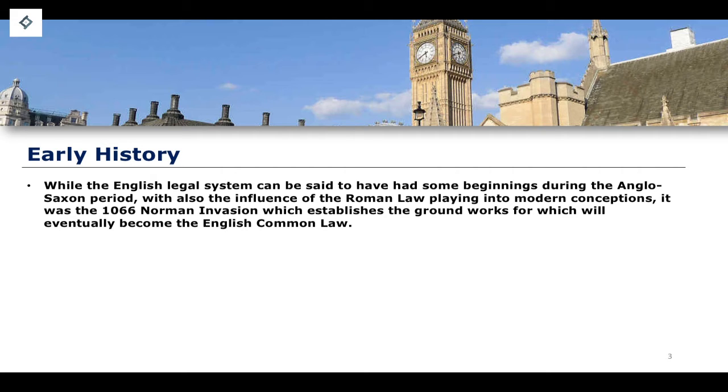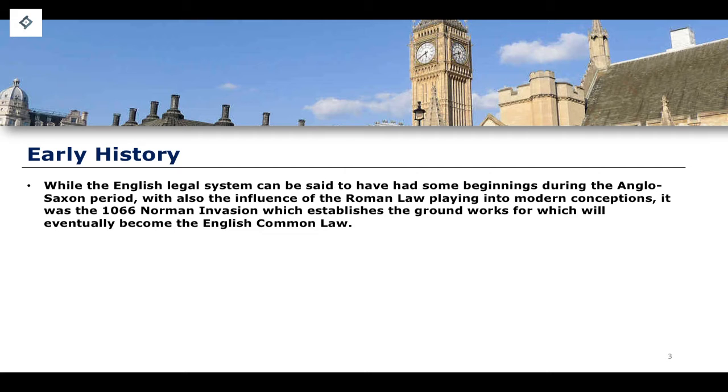In addition to this, the groundwork for what eventually becomes known as the common law system is found in the 1066 Norman invasion, the establishment of Norman England and the new Norman kings, who come after this period of Anglo-Saxon Britain.